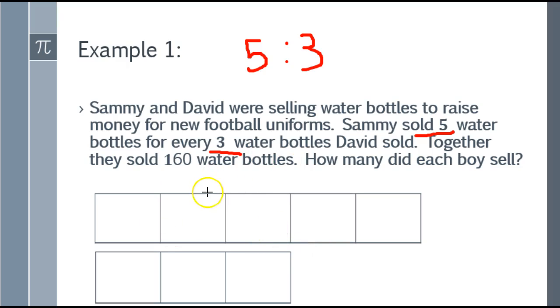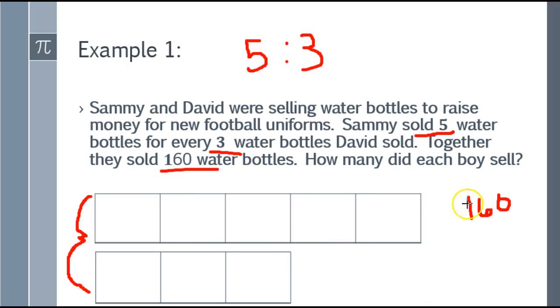Now, if they sold altogether 160 water bottles, I'm going to have to look at both boys to see individual pieces. So I would see how many pieces I have representing both boys, because it's what they sold altogether.